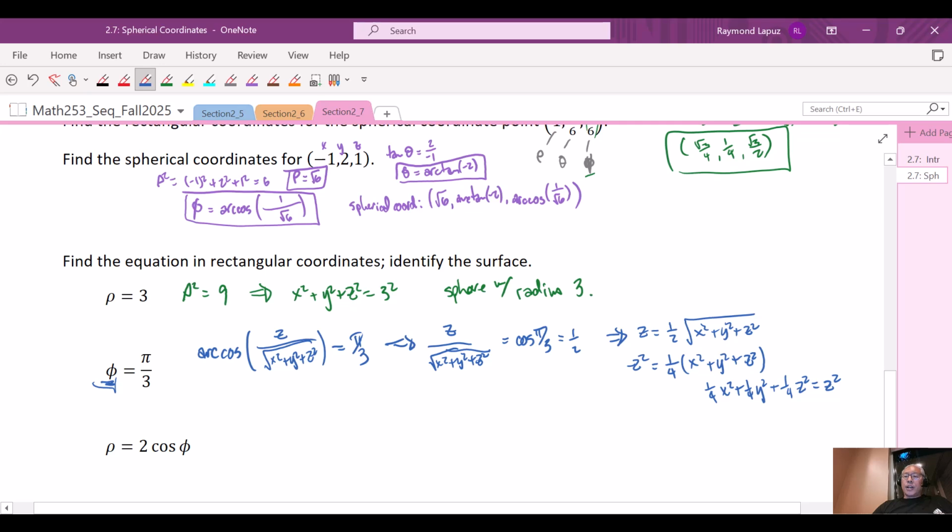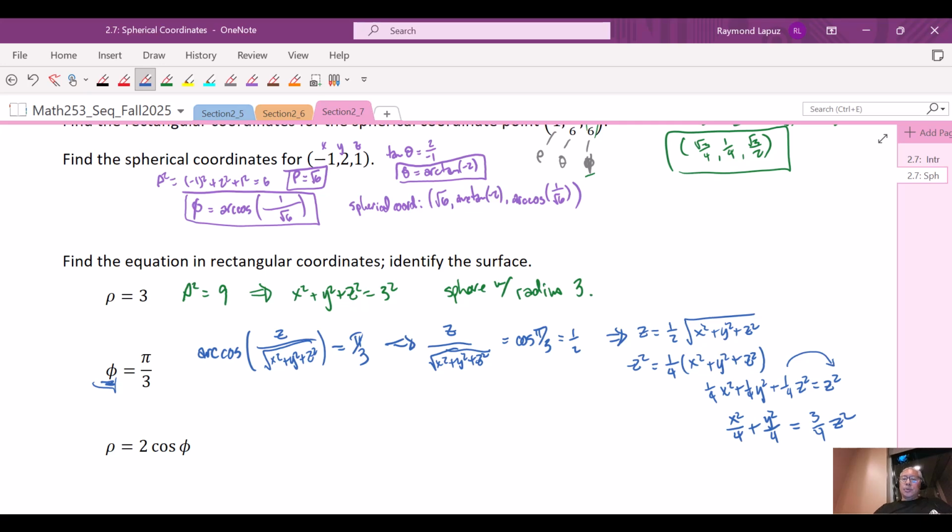Actually, let's bring this over to this side. Let's write it like this: x squared over 4 plus y squared over 4 is equal to, and then on the other side, it'll become 3/4 z squared.